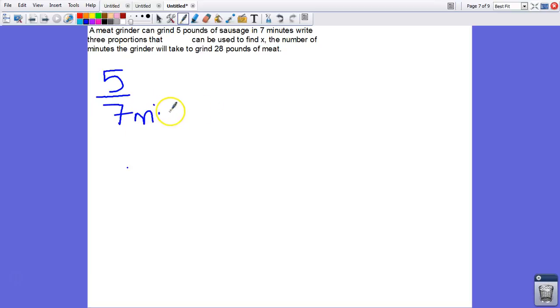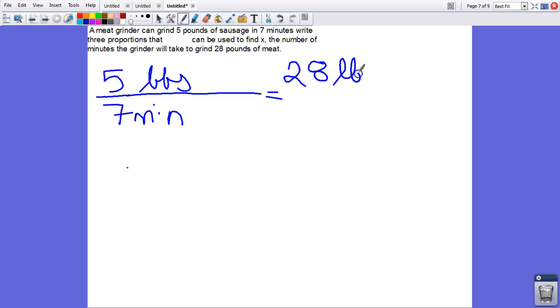and don't forget, when a question's asking you to write this stuff, you have to write your units here. So 5 pounds in 7 minutes is how many minutes for 28 pounds? And remember, for a proportion, the pounds both have to be on the same side and the minutes have to be as well.